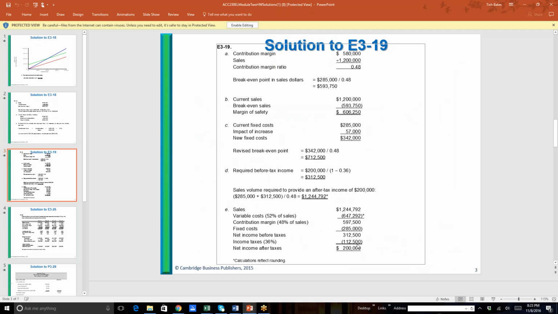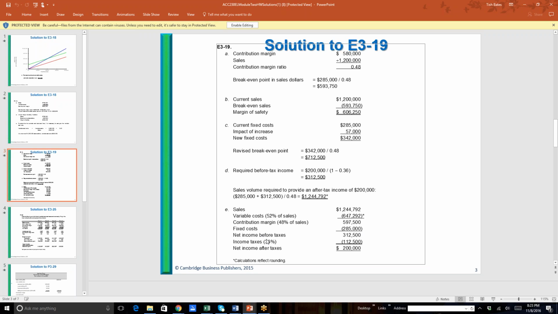And you had to use this 200,000 of after-tax income, which meant you had to use the required sales volume, and then get your variable cost based on that sales volume, your contribution margin based on that sales volume, and then your fixed costs stay the same, because fixed doesn't change. Fixed is always going to be fixed.